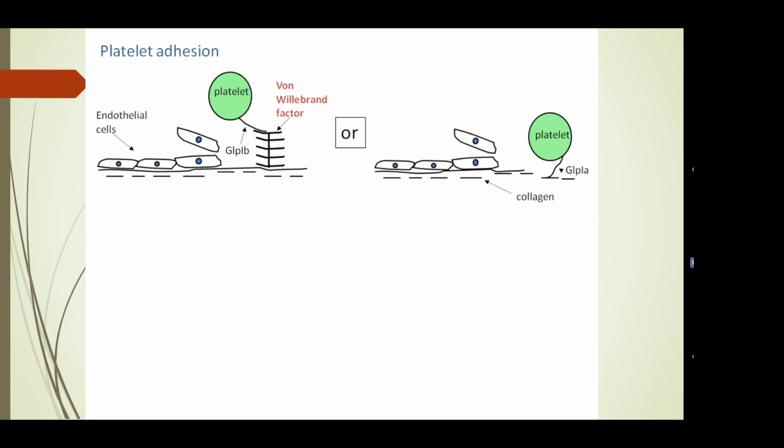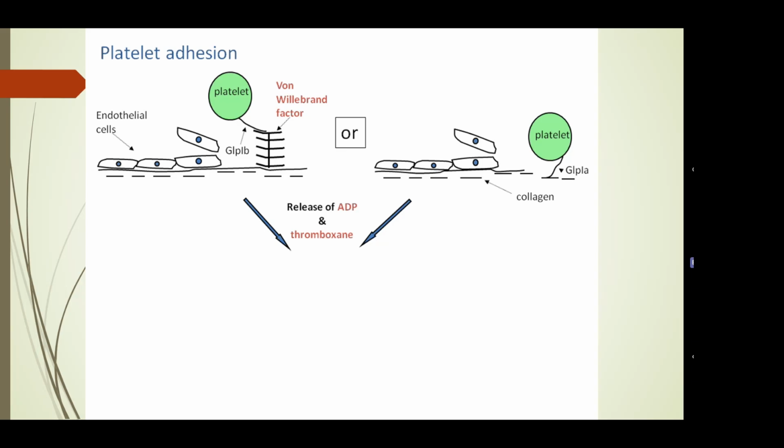And once that happens, platelets will have a shape change, and that change in shape will trigger the activation of the platelets. So when the platelets are activated, they release some of their mediators, the ADP and the thromboxane A2.